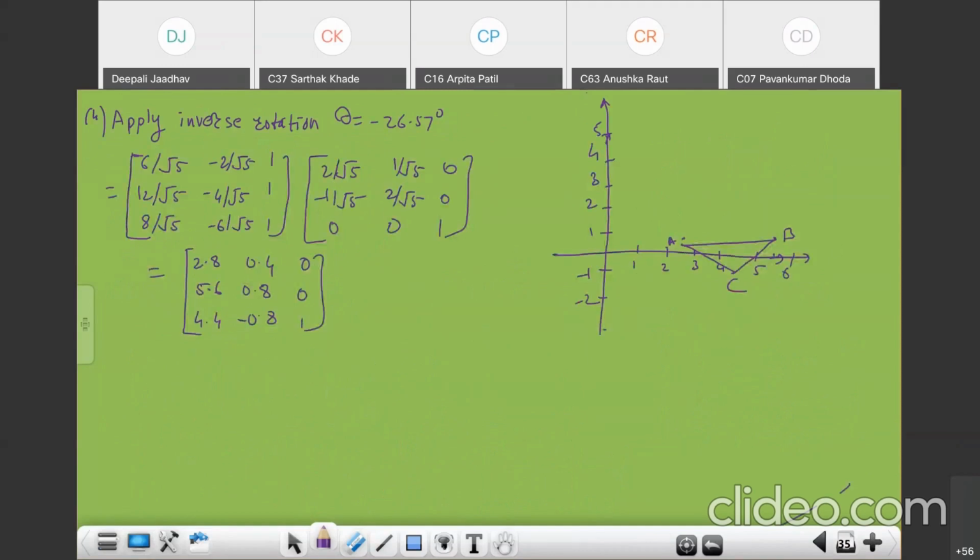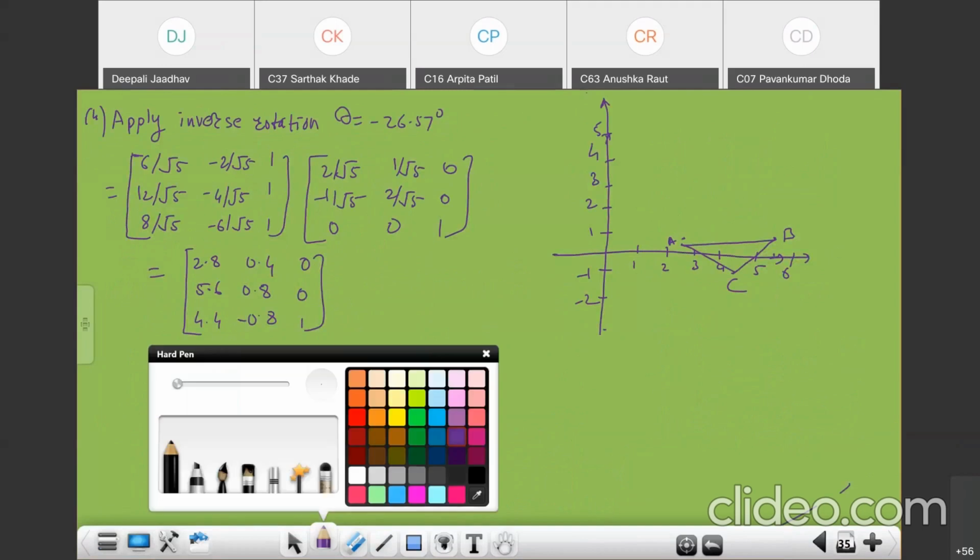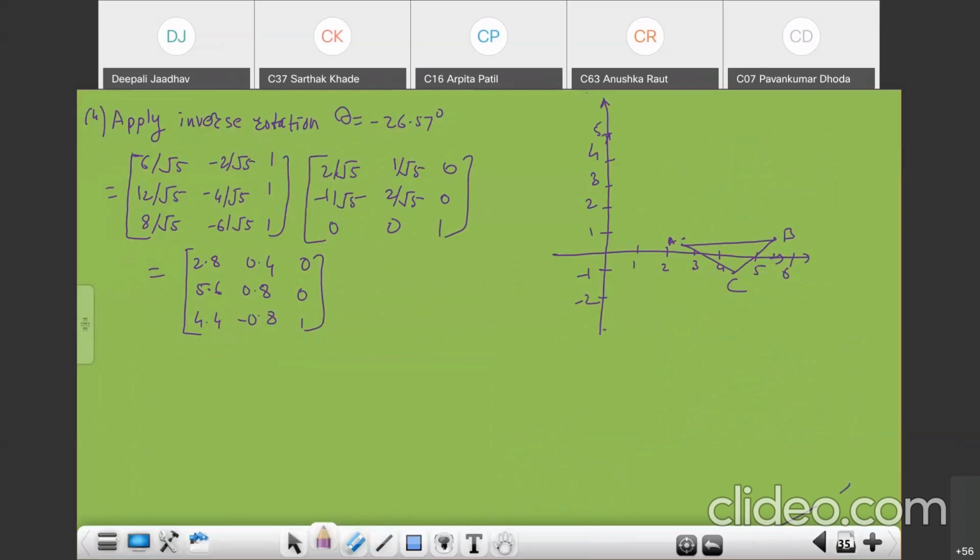So our last step is to translate back to the original location, with m equal to 0 and now n equal to plus 2. Instead of minus 2, now it is plus 2.